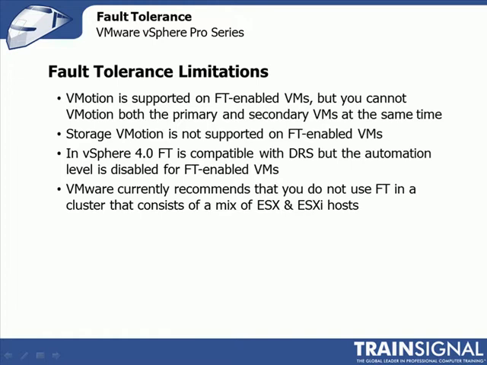Until this is resolved, you'll need to take this into consideration if you plan on using fault tolerance, and make sure you adjust your clusters that will have fault tolerance enabled VMs so they consist of only ESX or ESXi hosts and not both. See VMware Knowledge Base article number 1013637 for more information on this.